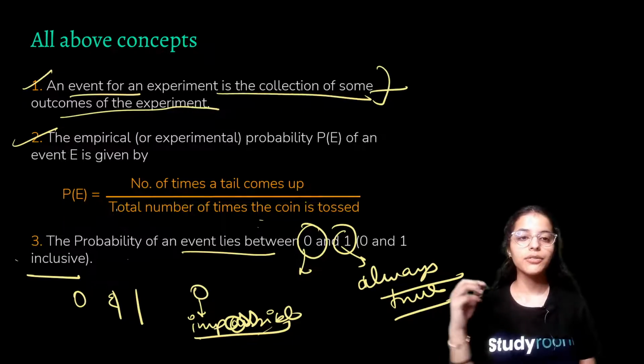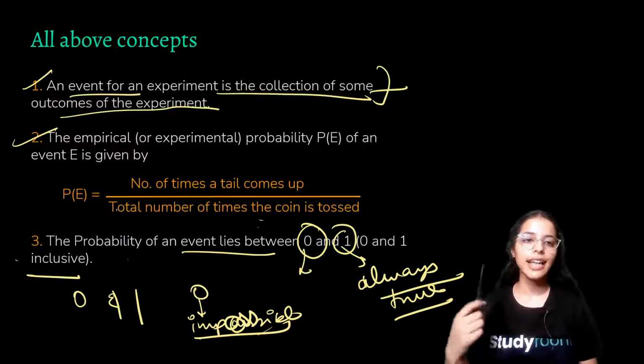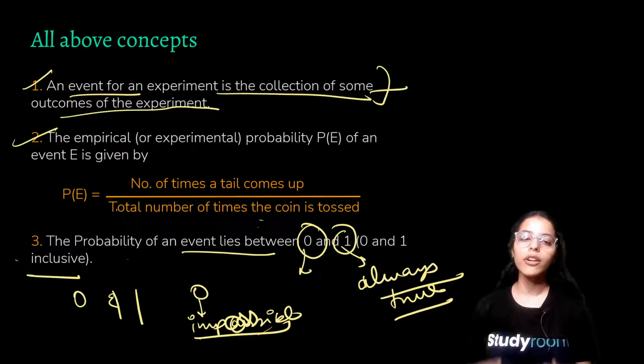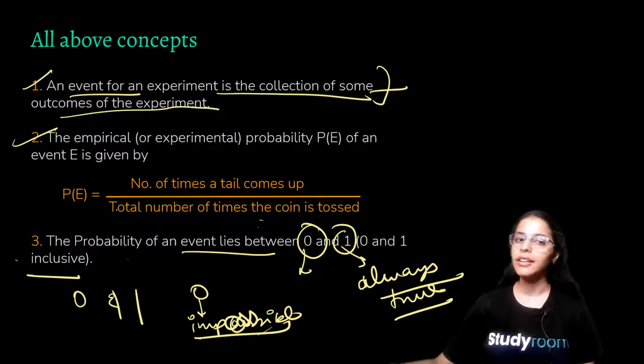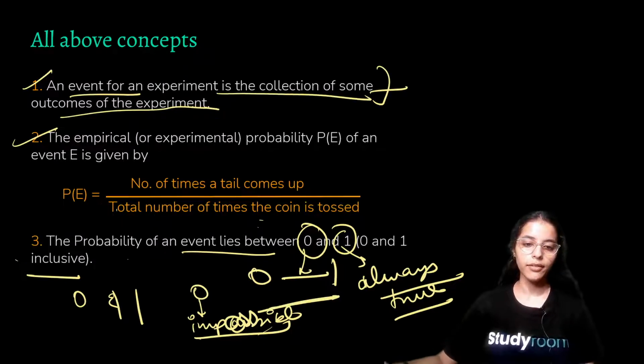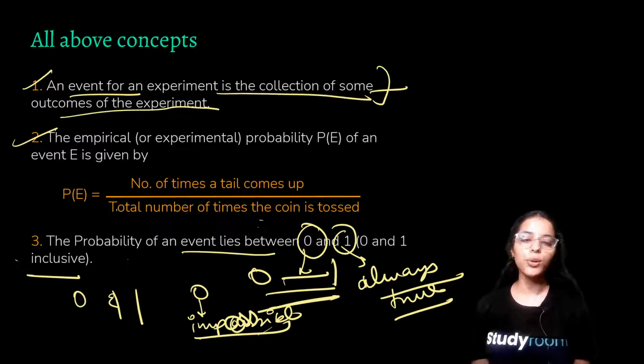While if I say that the sun rises from the east, the sun always rises from the east, so our probability is 1. And the probabilities of all other events would lie between 0 and 1, right? So hence we conclude our chapter number 15, probability.